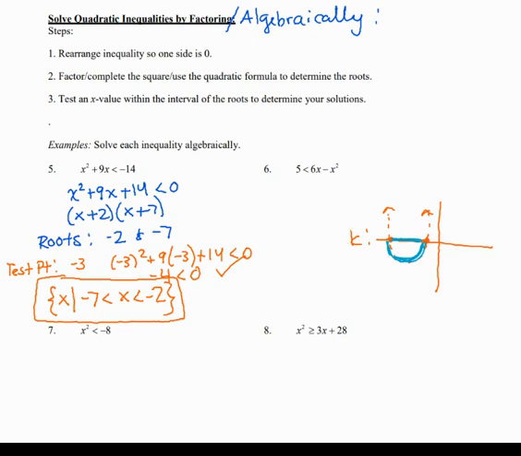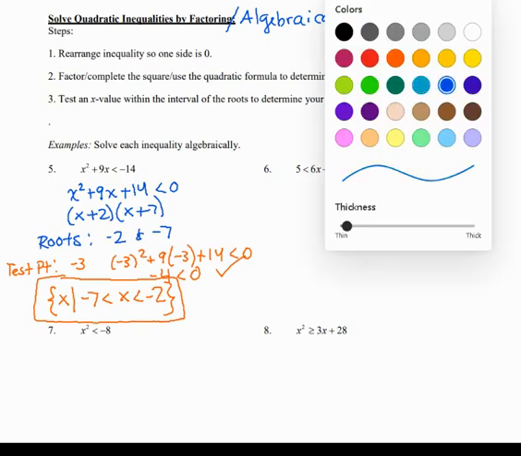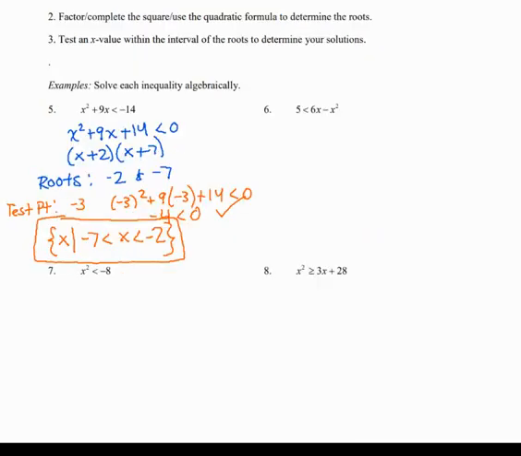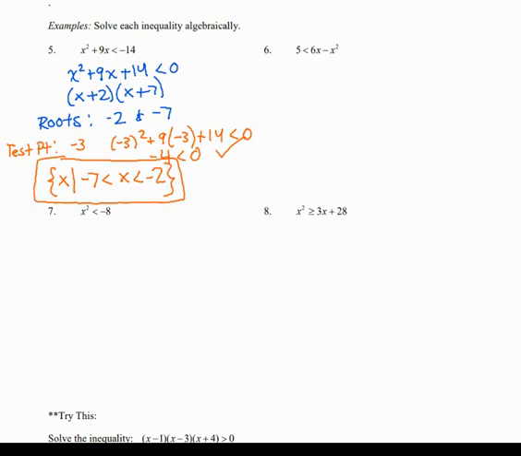All right, I'll erase that so that you have space to solve after. Now let's look at number 7 together. It's saying x squared is less than -8. Well, if I solved this by factoring, that would mean moving this over and factoring.